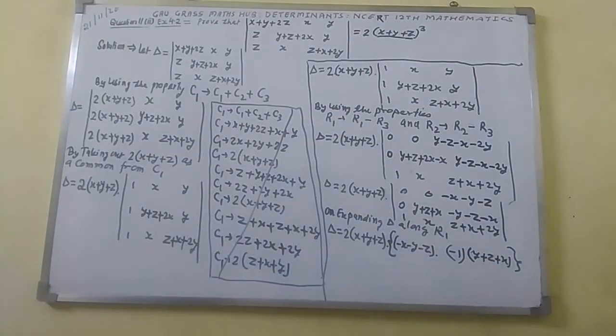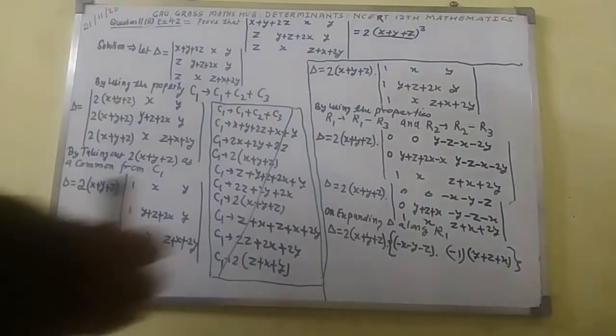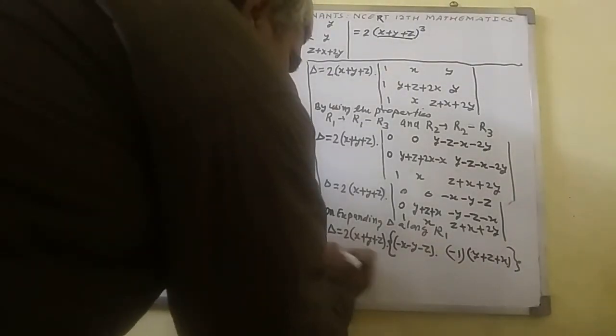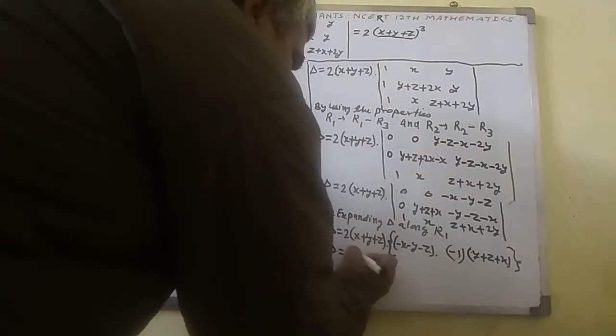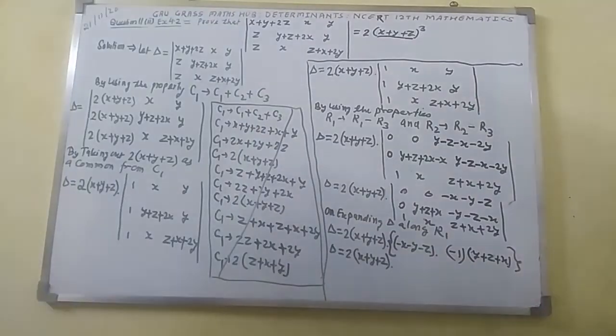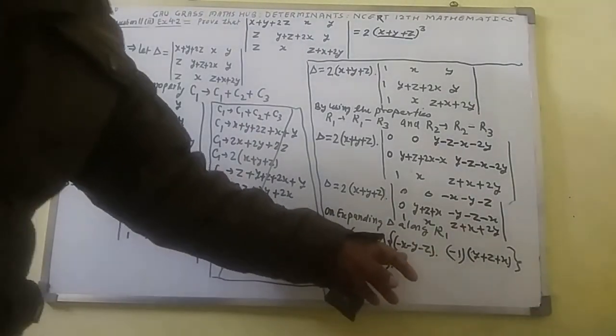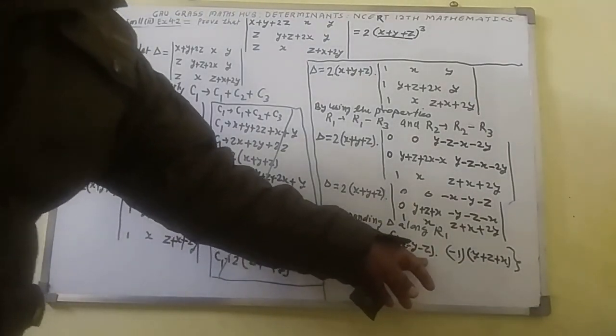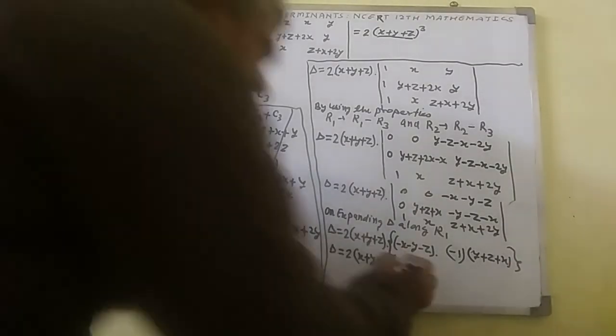Now you can remove this one and here write minus 1. This thing will become. So what to do here? Here you can get easily 2 in bracket x plus y plus z, and from this term get minus 1 as a common.